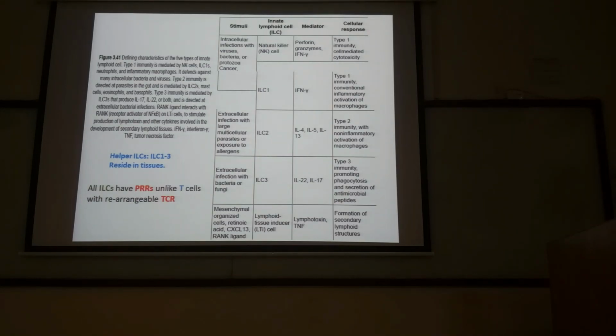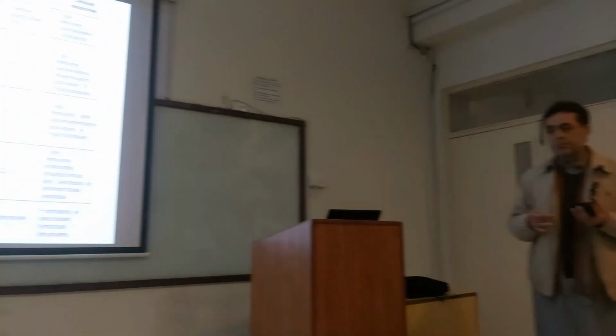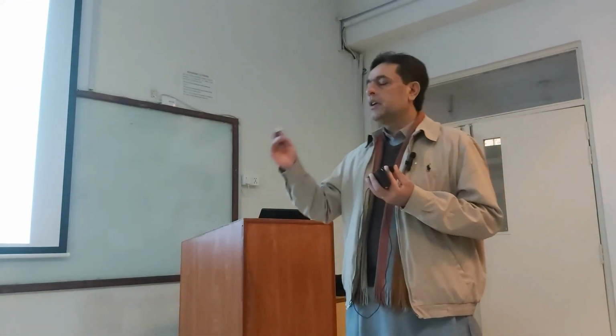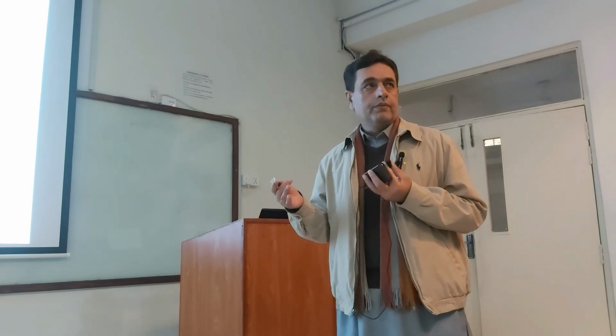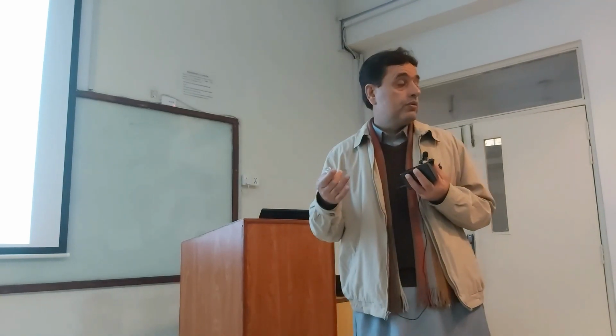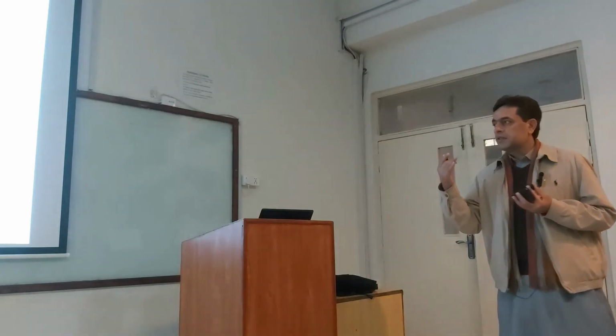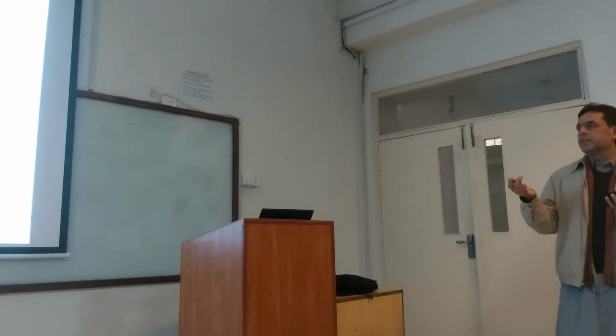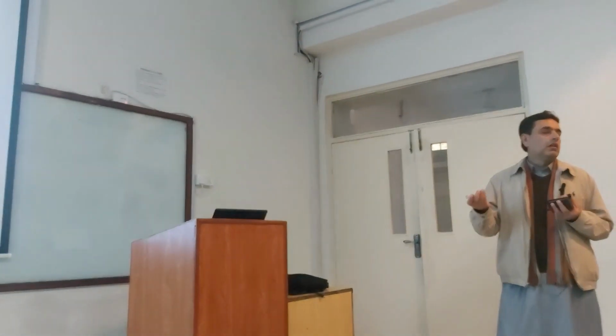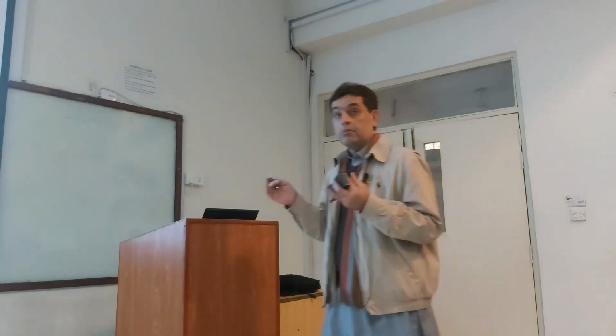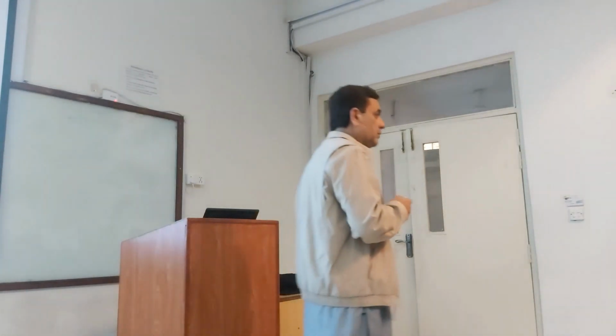And these tumor necrosis factors and lymphotoxins are helpful with the formation of secondary lymphoid structures, or secondary lymphoid tissues. So this is another job of these innate lymphoid cells in order to build up more lymphoid masses where the lymphoid cells would reside or make follicles and do their job. Okay?